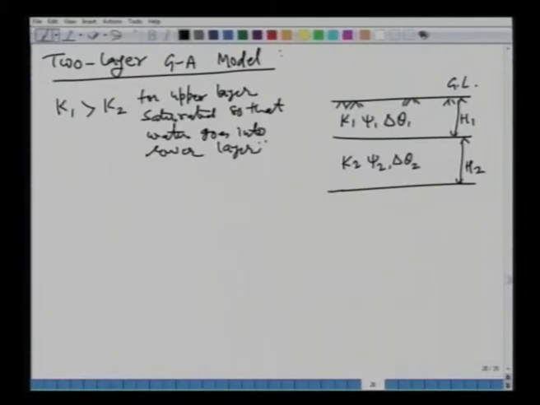Okay. And also we define a certain length L2, which is from this interface, this dashed line, and what is L2? L2 is the depth of the wetting front.